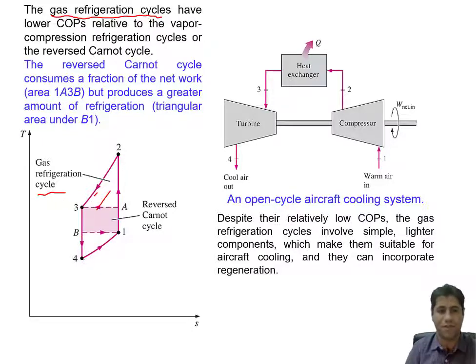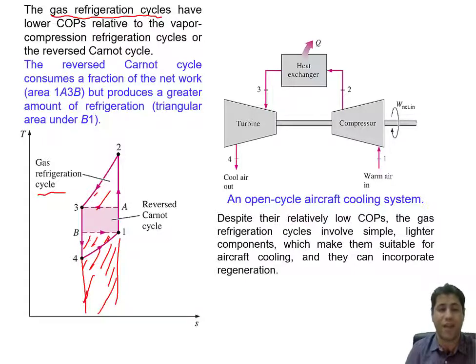In the gas refrigeration cycle on the TS diagram, it is the area under this cycle. So this is the amount of QL for the gas refrigeration cycle. But the amount of QL for the Carnot cycle is from B to 1, which also includes this.